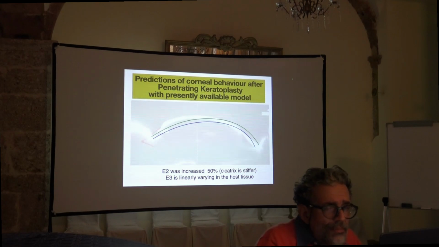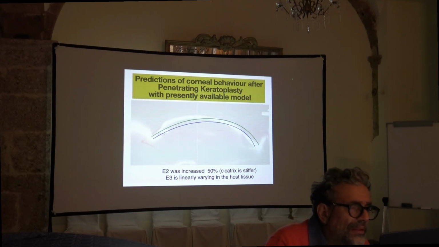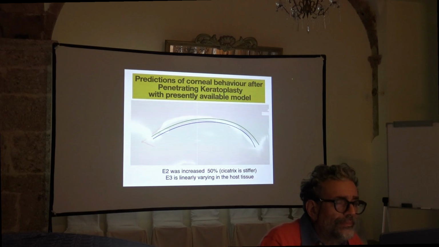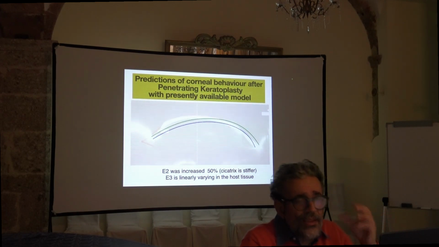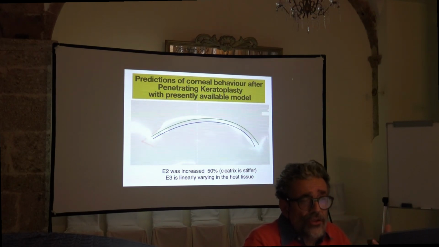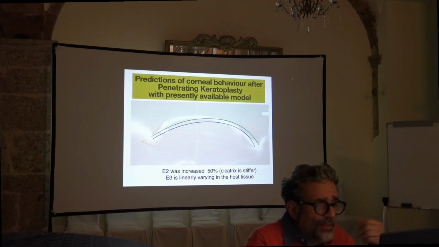Now, the bad cornea we couldn't fit very well, probably because, to make things complicated, on the left eye I had a rejection, which had to be cared for with a lot of medicaments.